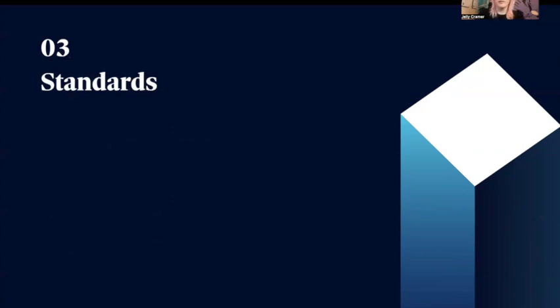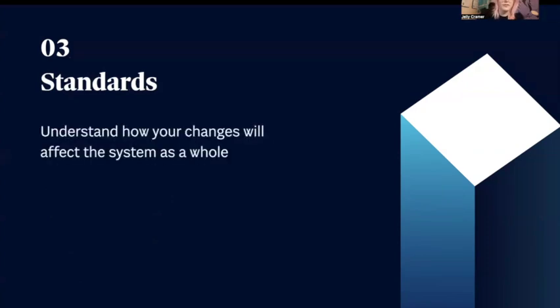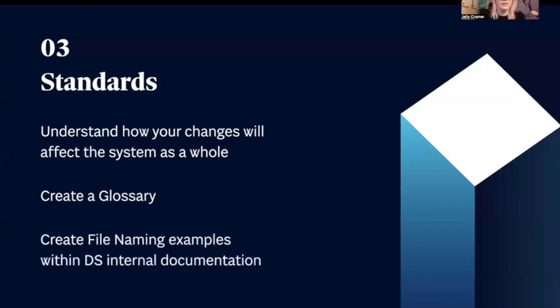We've got standardizing up, so understand how your changes will affect your entire system and plan your implementation. You can create a glossary to have a universal understanding across all teams, and you can create documentation specifically showing how to name files within the system itself, and this could be just for your internal design system team.